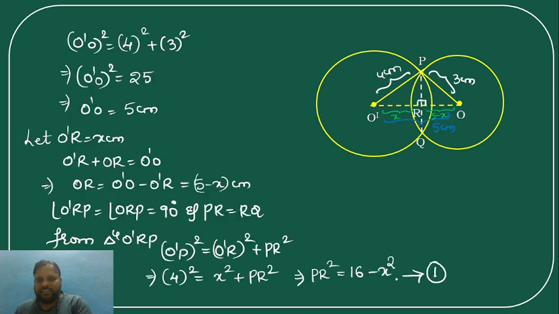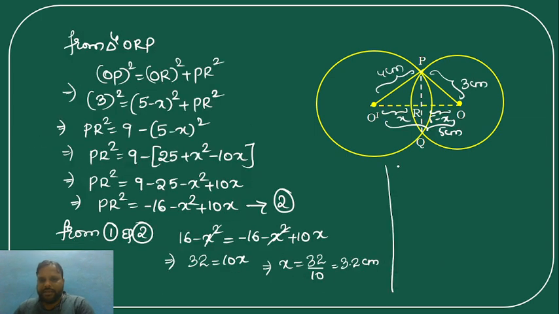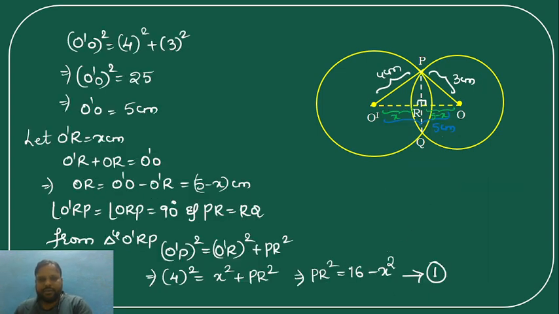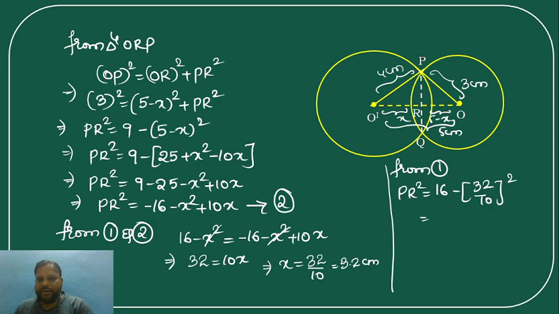PR square is equal to 16 minus X square, so PR square is equal to 16 minus (32 by 10) whole square.